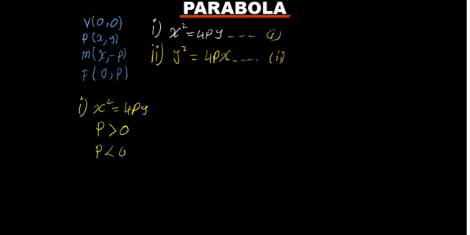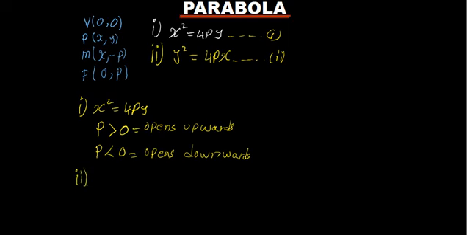When our p is greater than 0, it opens upwards. When our p is less than 0, it opens downwards. So even just by looking at the value of p, before even doing the sketching, you're able to understand that what I have here opens upwards, or what I have here opens downwards.